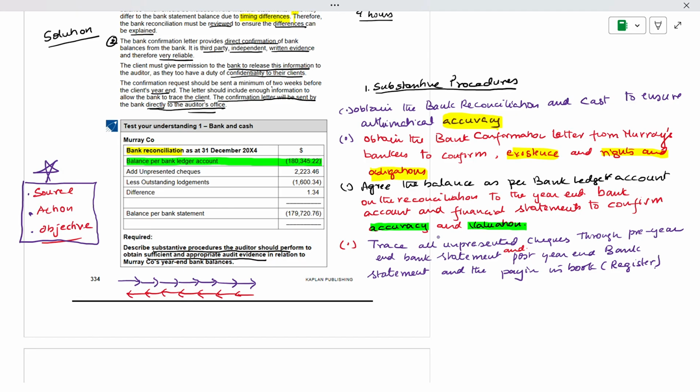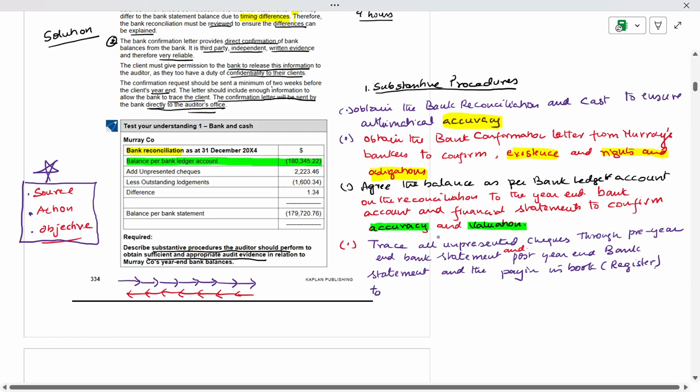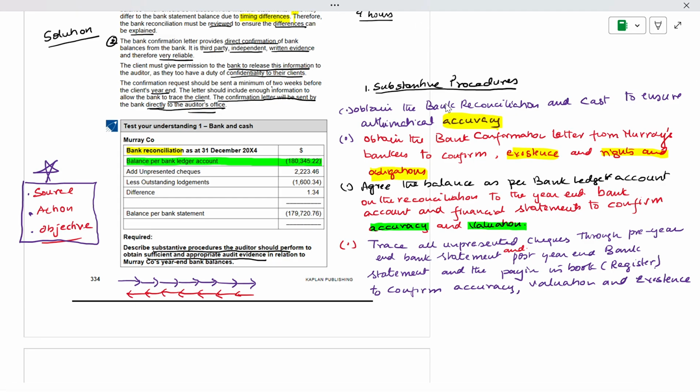What is it to confirm? To confirm accuracy, to confirm the valuation, the total, and most importantly, existence. To confirm accuracy, valuation, and existence.